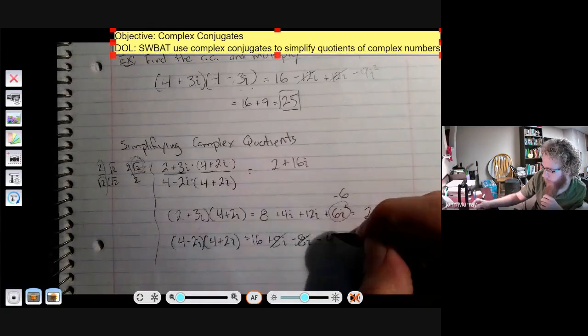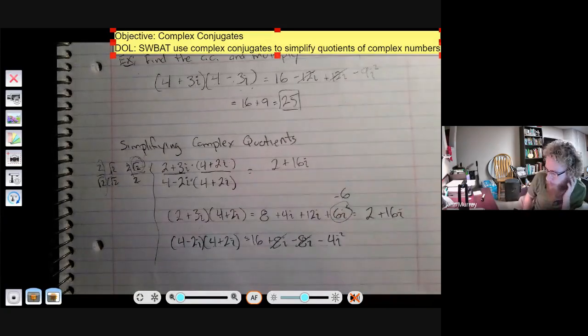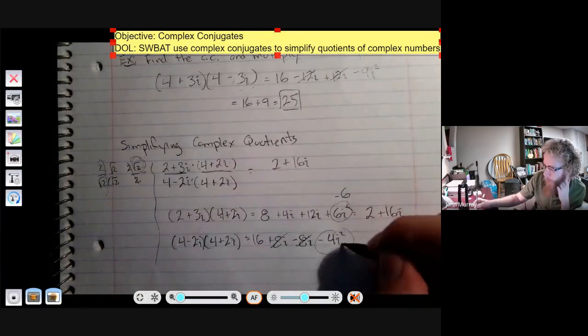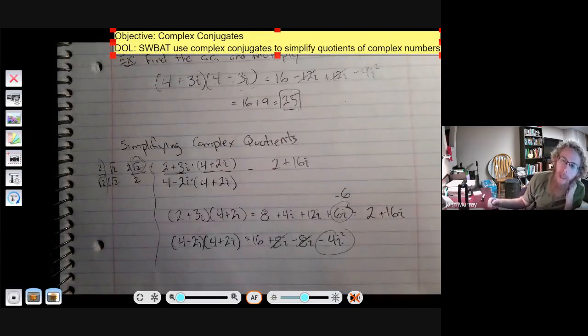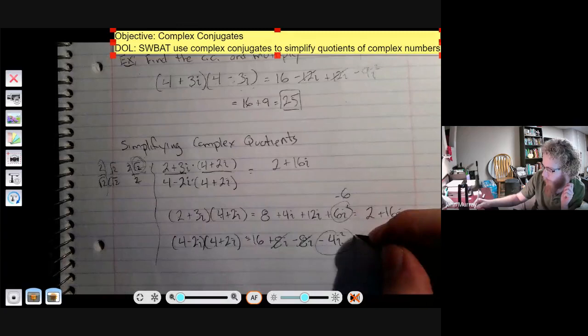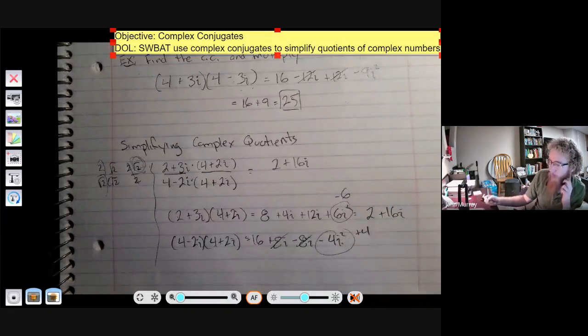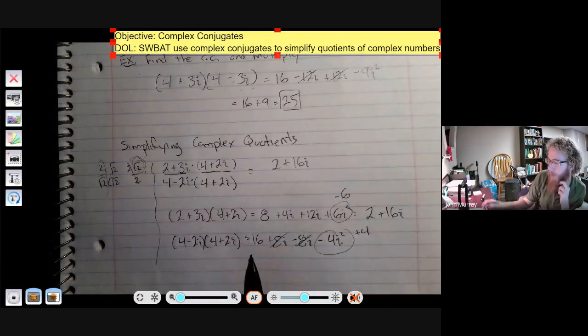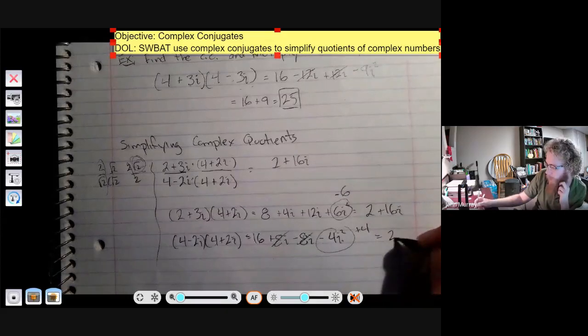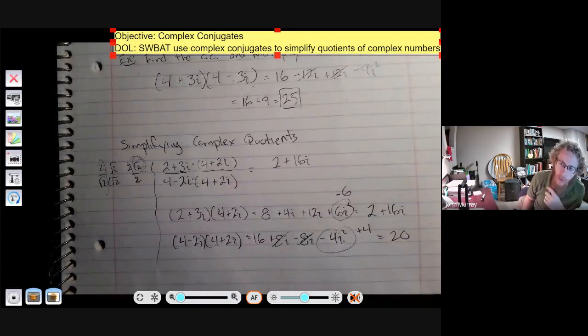And then a negative 4i squared. Again, we see that i squared telling us we're going to change the sign, so this becomes plus 4. So we have 16 plus 4, and there is our nice real number, 20.